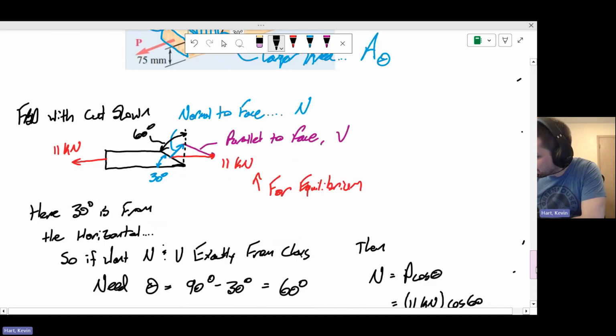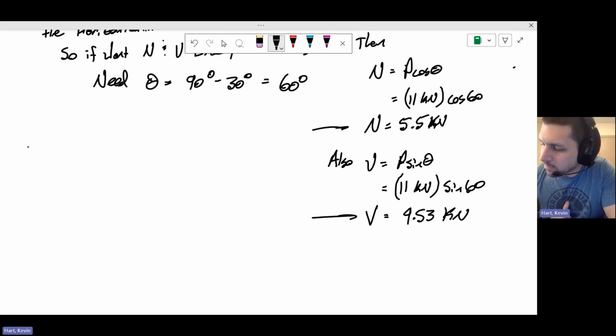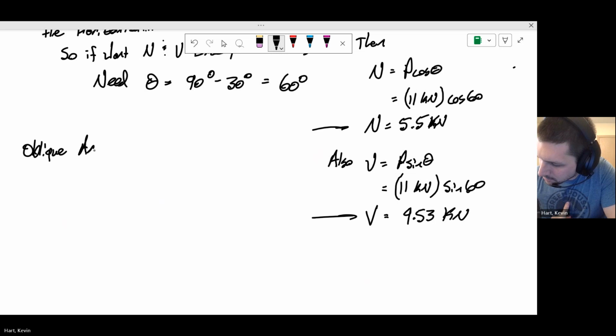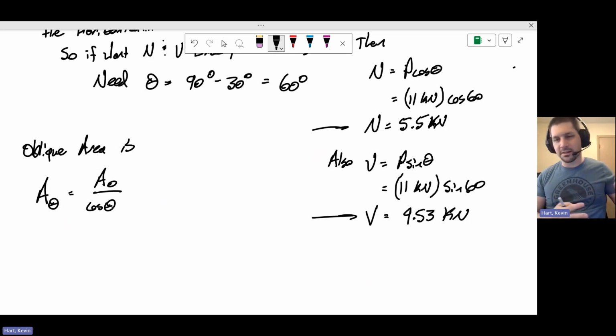And we learned in class today that if we want to calculate that oblique area, A theta, that is the original cross-sectional area A naught divided by cosine of theta, where in this case theta is the angle with the vertical, which is our 60 degrees. Okay.